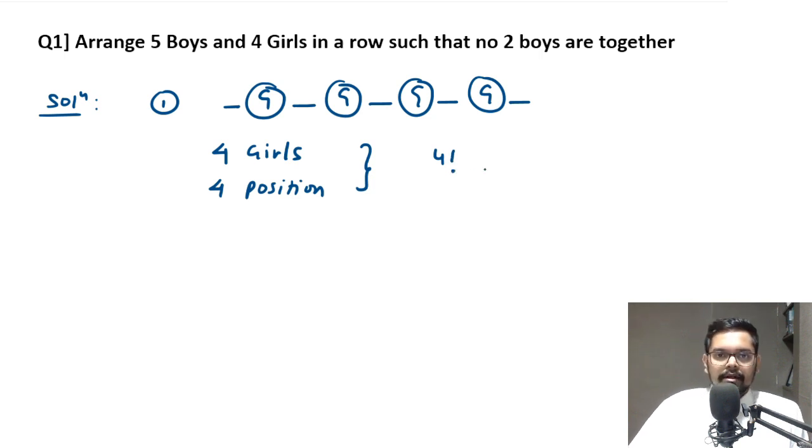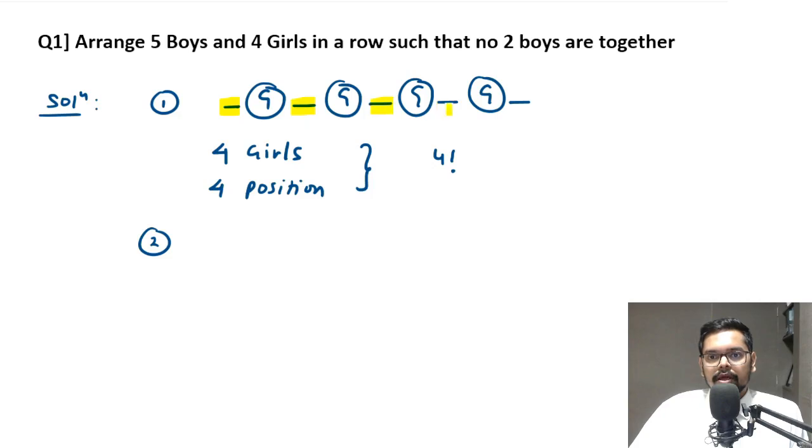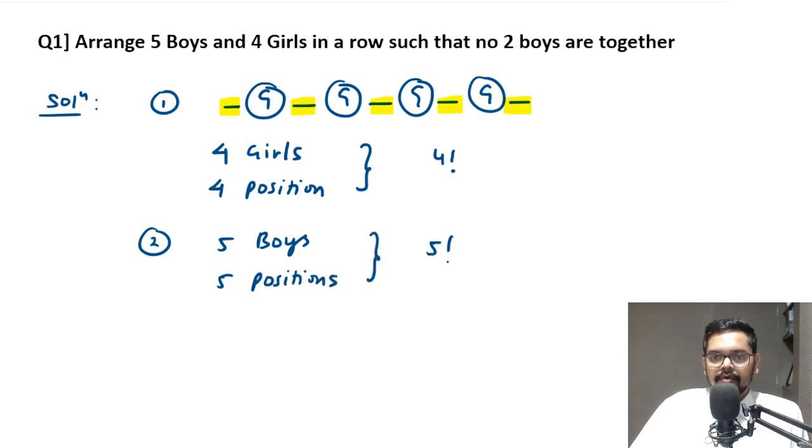This was all about the girls. Now let us talk about the boys. For the boys, how many vacancies do we see? 1, 2, 3, 4, 5. 5 vacancies and 5 boys. No problem. We have 5 boys and 5 positions, therefore the number of ways to arrange the boys would be 5 factorial.